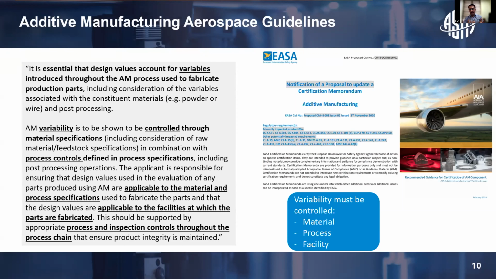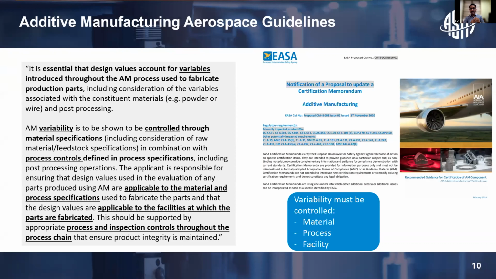So once you design this part, and when you put this for fabrication, there is a high chance that these design values may get affected because of the characteristics of the process. So when you design a particular part and you try to produce that part using, let's say, a powder fusion process, and the same part using a directed energy deposition process, the outcome could be different because the influence of these processes on the final properties of the part could be different.